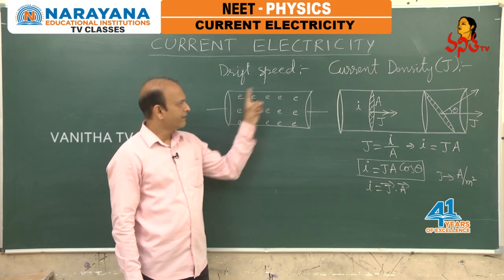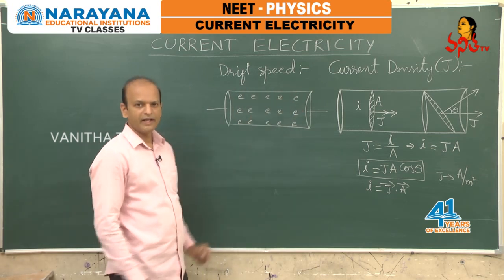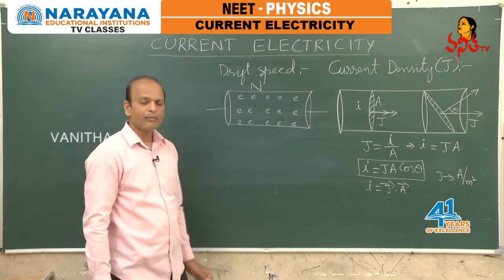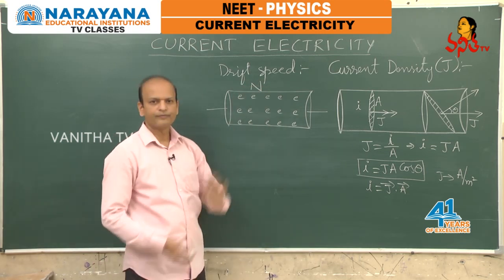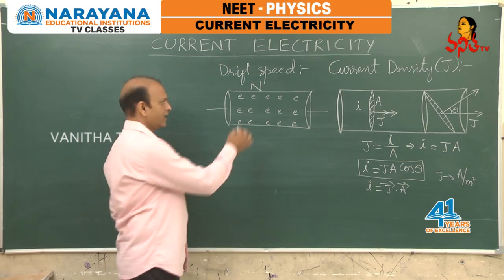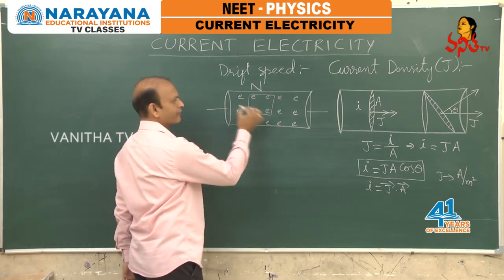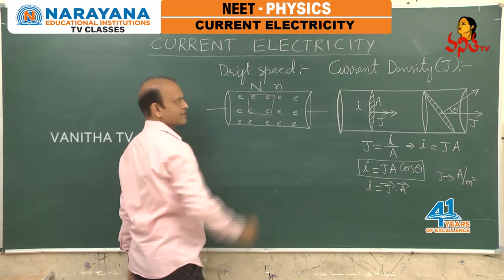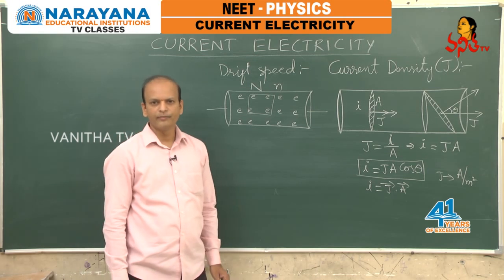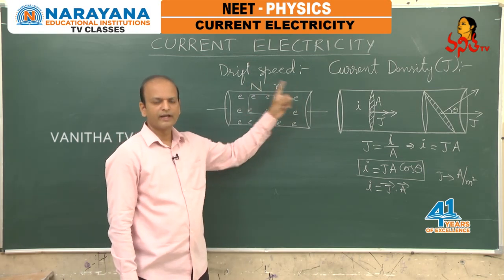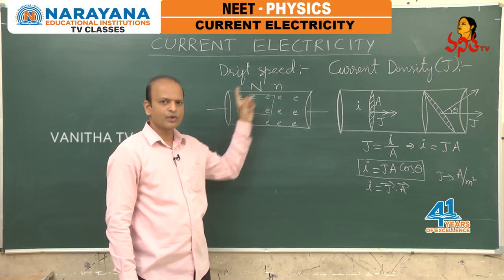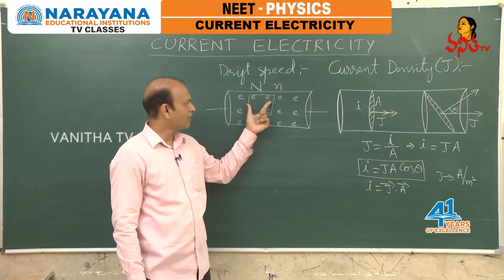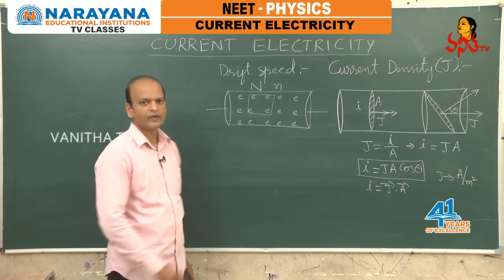Now here, let us show the total number of electrons of this complete material with a capital N symbol. Total number of electrons is capital N. In 1 unit volume of this material, the number of free electrons is shown by small n. The difference between capital N and small n is that capital N is the total number of electrons in the complete material, small n is the number of electrons per unit volume.